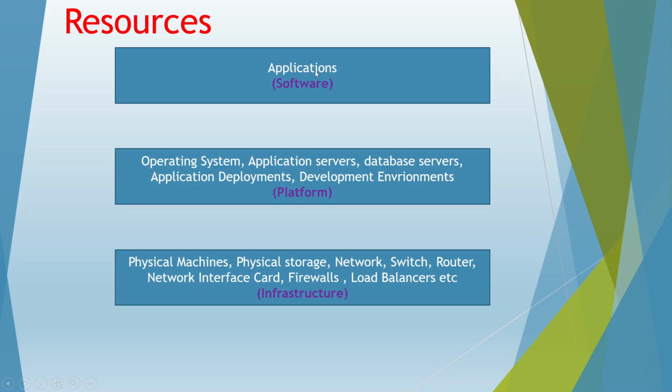Similarly, if any organization wants to build an internet banking application, they have to buy the physical machines and operating system, and build and deploy the web-based internet banking application on it. Those are all called software. Basically, these are the different resources required for an organization when trying to build any IT system, and they are classified into infrastructure, platform, and software.